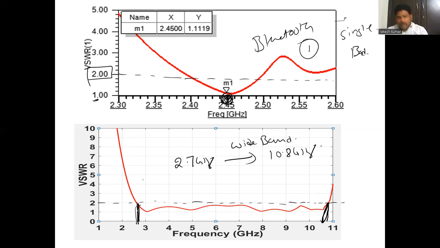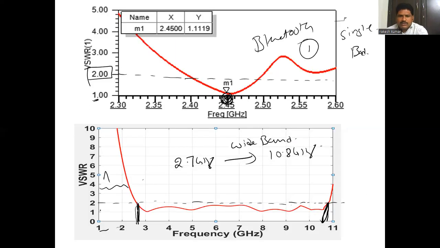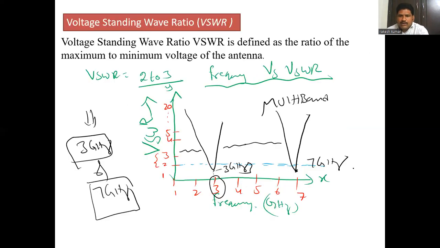The values below 2, from 1 to 2, are where we consider the antenna to be operating. For the other frequencies, the antenna is not working. So this comes under wideband antenna. The other comes under multiband because from here to here the antenna is not working, and only at these 2 frequencies it is operating.